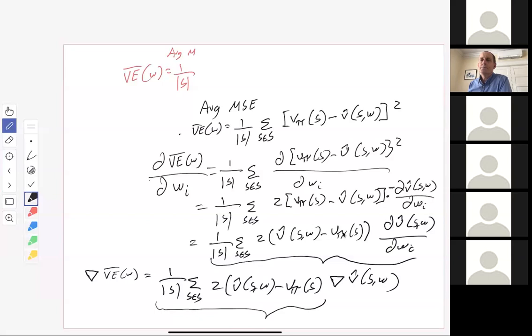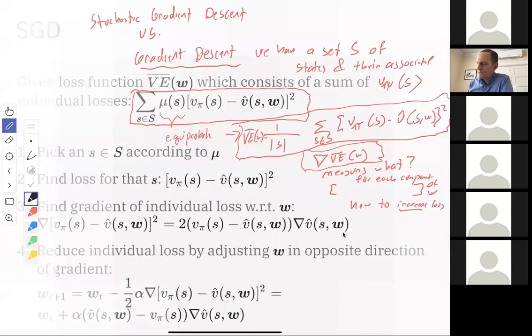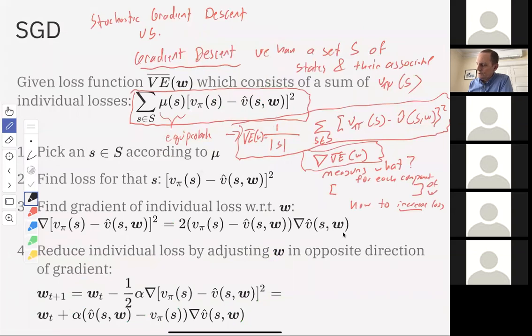Okay, questions on that? So let's look at it with some given particulars. We can reduce the loss by adjusting W in the opposite direction of the gradient. Okay, so let's look at that a moment. We're saying that we've got existing weights, and we want to move the weights.